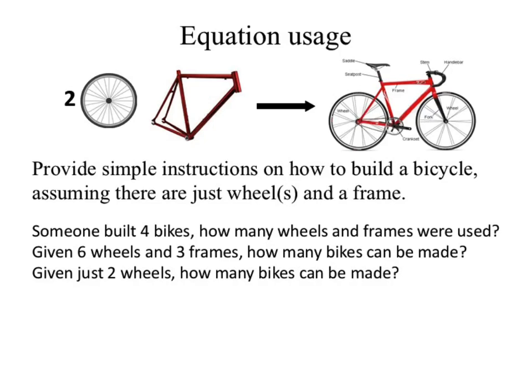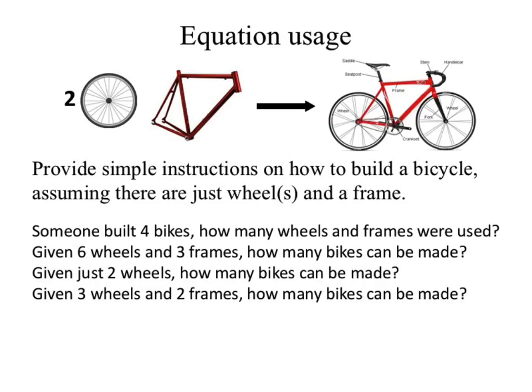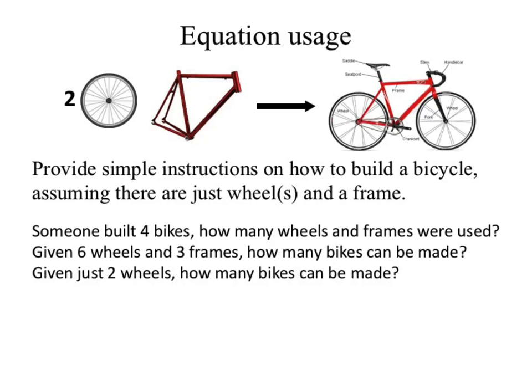I do try and phrase them appropriately so that we don't accidentally stumble into that, oh, well, if I only have 2 wheels, I can't make any bikes because I don't have any frames. Okay? So we do have to be careful with the English language. So if we came across that on an exam, what should we do? You came across that on an exam. Here are your answer choices.